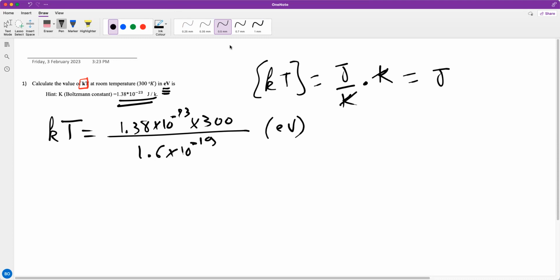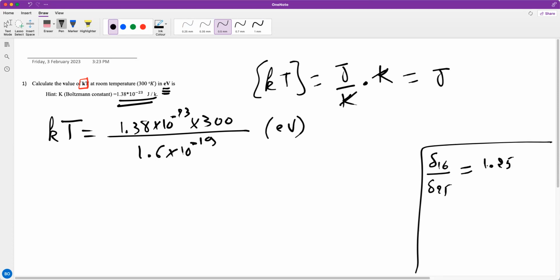One student has a question about the previous problem. For the skin depth ratio I found 1.25. What is the meaning of that?